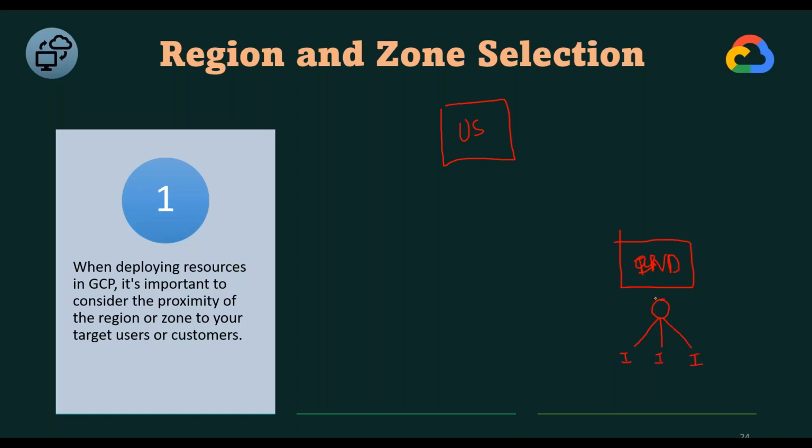If I want to deploy the application, I am the person who developed my application, I am from India. If I deploy my application in Indian data centers, the network lag is low and the availability is high.